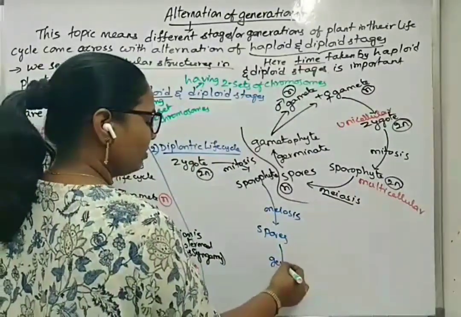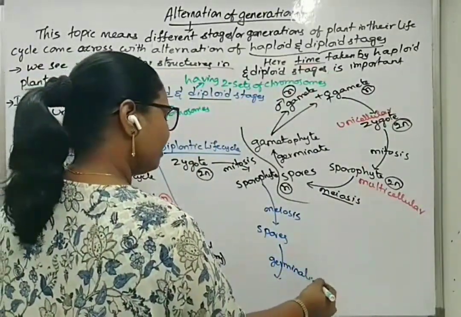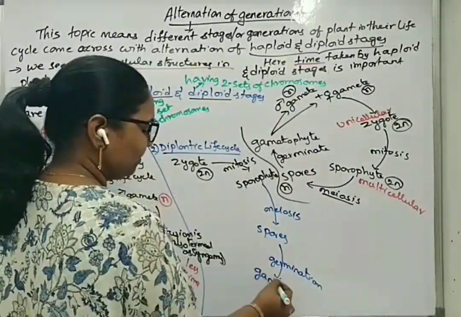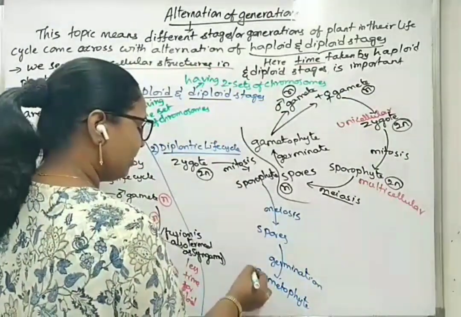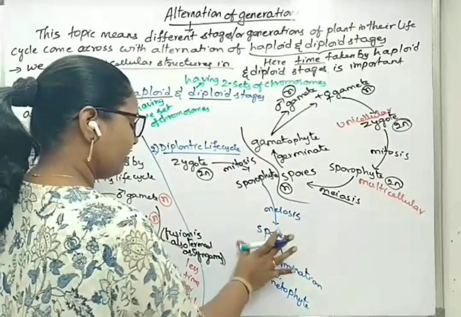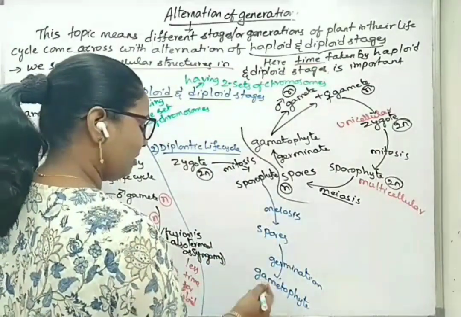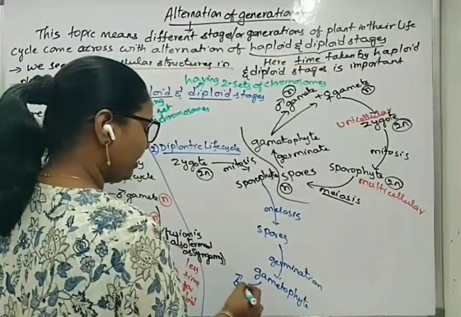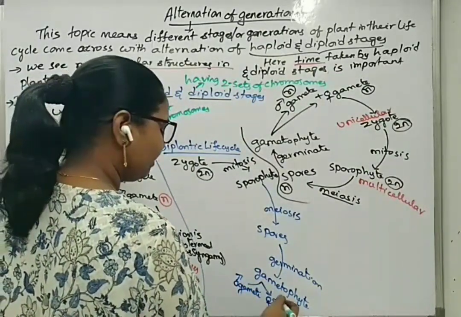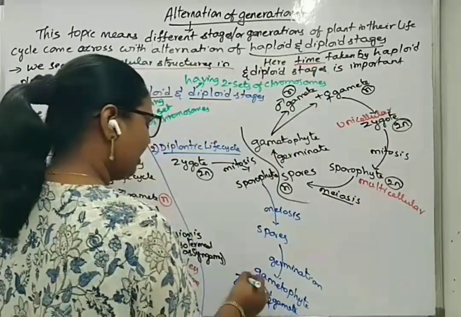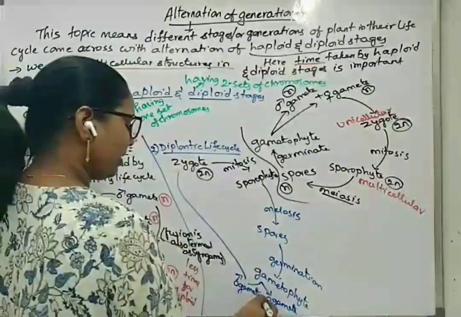Spores undergo germination, giving out the gametophyte. The gametophyte produces male and female gametes. Both fuse to give out the zygote.